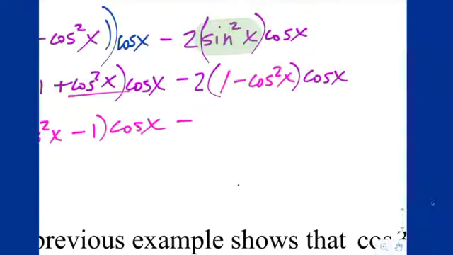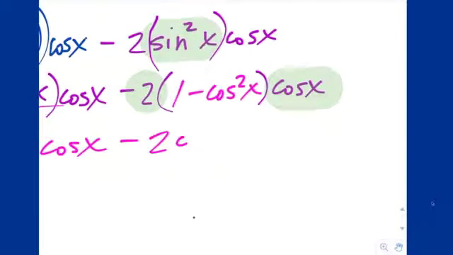Minus. Now over here, this is where it can get a little squirrely. You're going to distribute something from both sides: a negative 2 on the front and a cosine at the back. So really we're distributing a negative 2 cosine of x. You'll see that when you distribute, it becomes negative 2 cosine of x, and then a negative times a negative is a positive 2 cosine cubed.